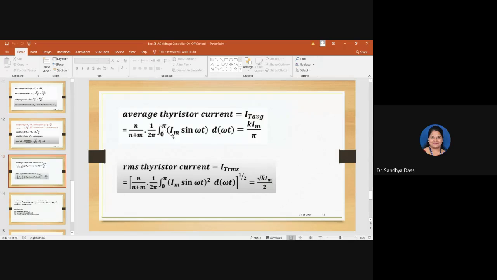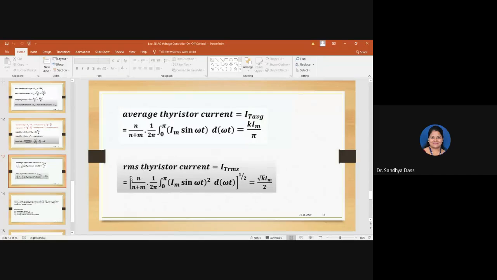Im sine omega t is your input. Substituting, you will get K Im by pi, applying the integral. You can do that. The RMS thyristor current, represented as IT RMS: if you recall, you take the square of this current, Im sine omega t, under a square root.